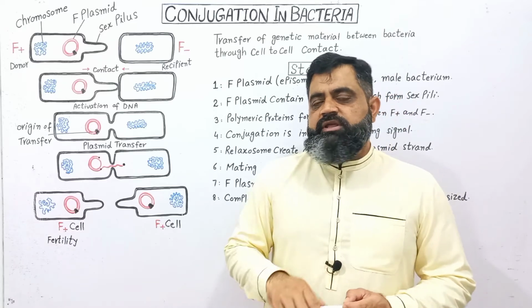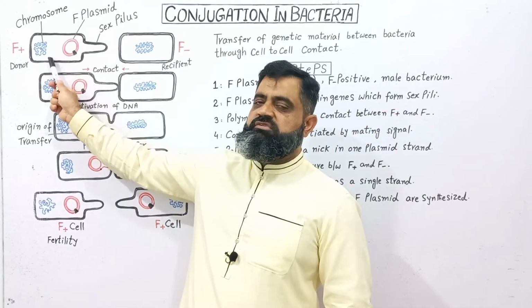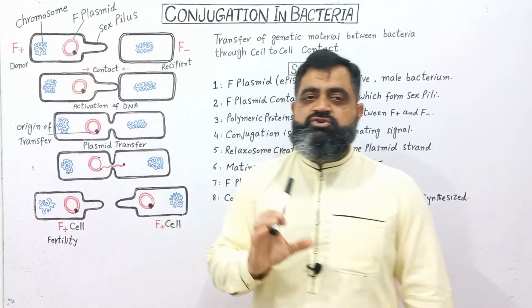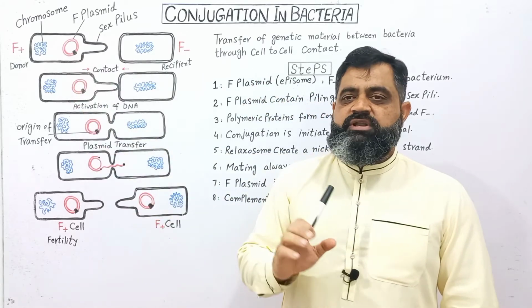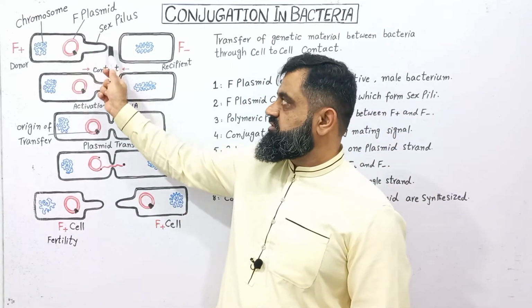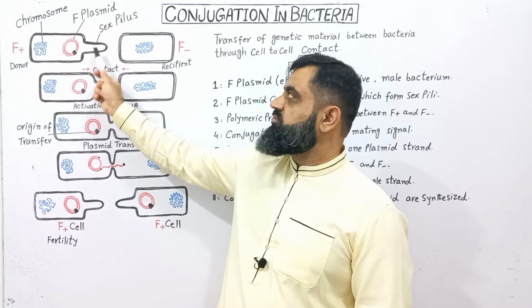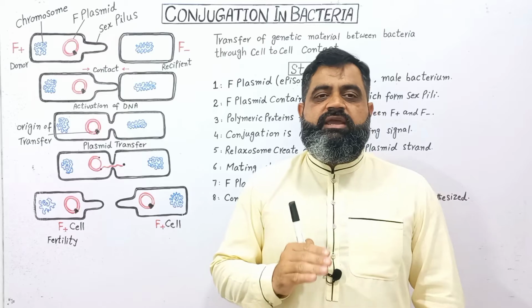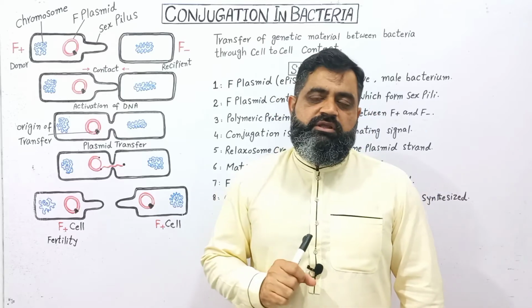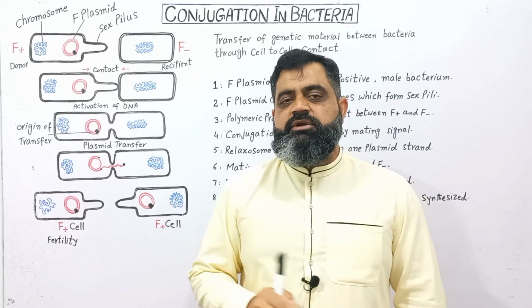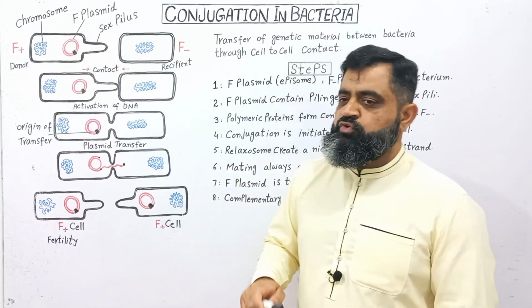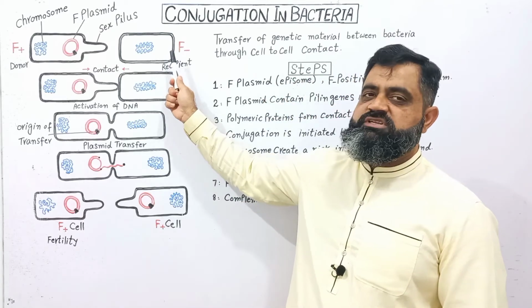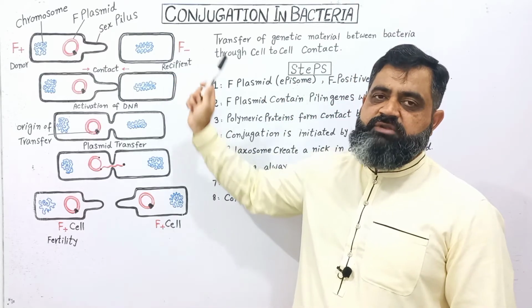Now the male bacterium, which is F positive and has the F plasmid, has another important property: it has a special structure formed on the surface of the body, which is known as the sex pilus. With the help of this structure, it can contact another bacterium and transfer its genetic material. Now let's move on to the other bacterium, which does not have the F plasmid.